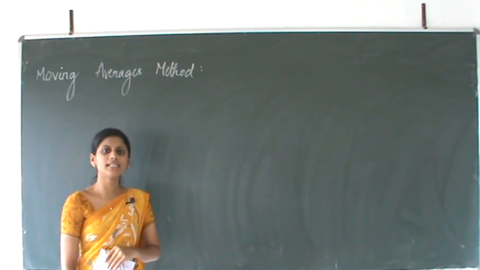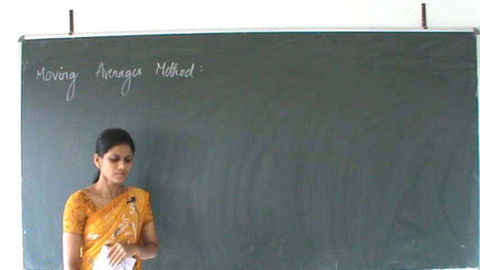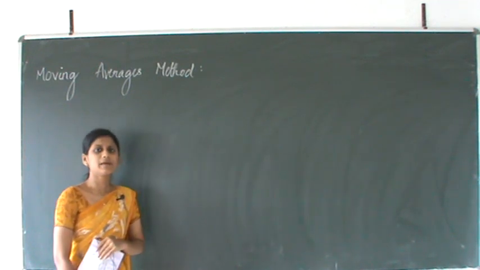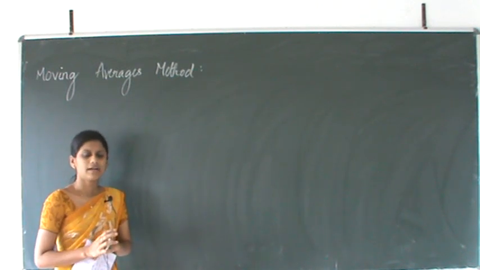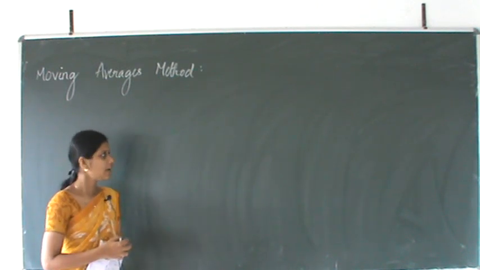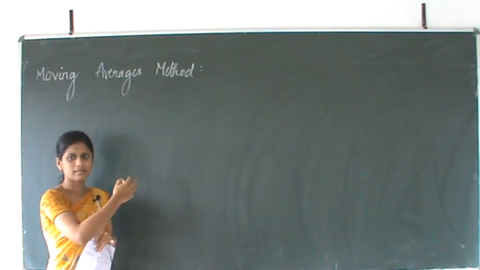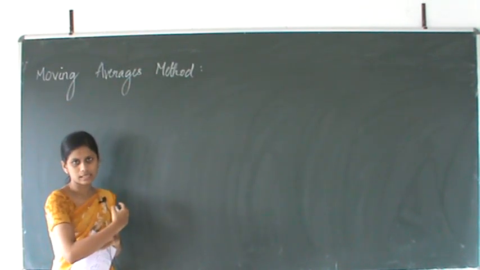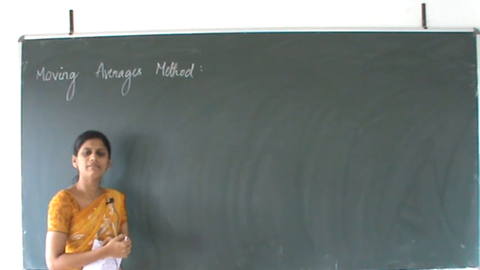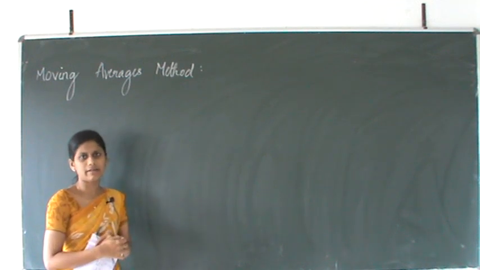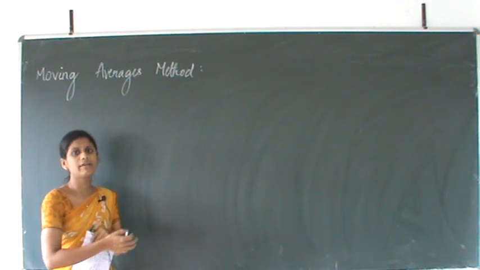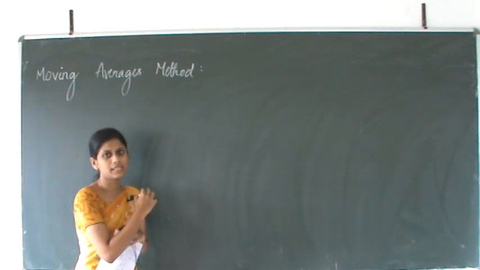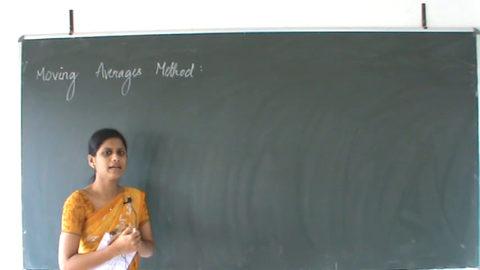Now we will see what are the demerits of this method. First of all, this method does not provide trend values at the beginning and at the end of the time series. That means when a time series is given and the related values are given, we calculate the trend values, but you are not going to get trend values at the beginning as well as at the end of the time series.